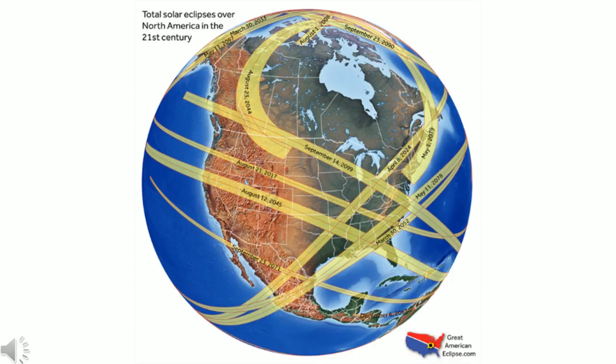Like the 2044 path of totality there in Canada is much wider than the 2017, but mainly because on that part of the Earth, the moon's umbra is getting spread out more because of the angle of the Earth's surface relative to it. So it's not necessarily going to be a longer duration, but it still nevertheless shows a wider area.